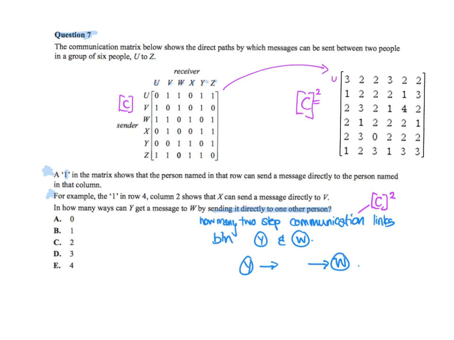If we go down, this was U, V, W, X, Y, and Z. So I'm going to find between Y and W in my two-step. Between Y and W, we see a 0. So there are 0 two-step communications between Y and W.